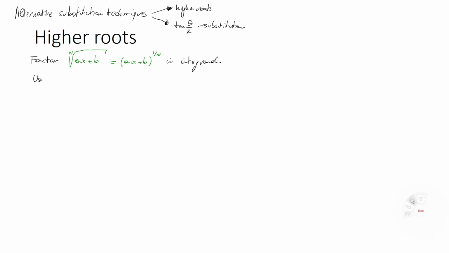And here what you're going to do is use the following substitution. You put ax plus b equal to a new variable u to the power n. So this u here is a new variable.